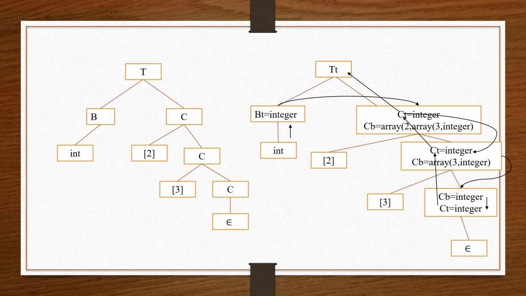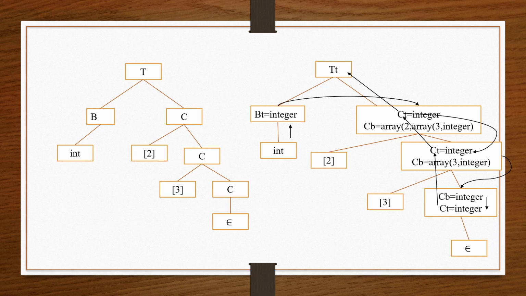Clear? Let me explain once again in more detail. At the root, for T derives BC, the non-terminal C inherits the type from B using the inherited attribute C.B. At the rightmost node for C, the production C derives epsilon, so C.T equals C.B. This is the action, right?